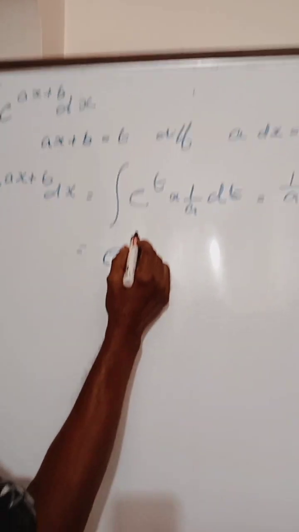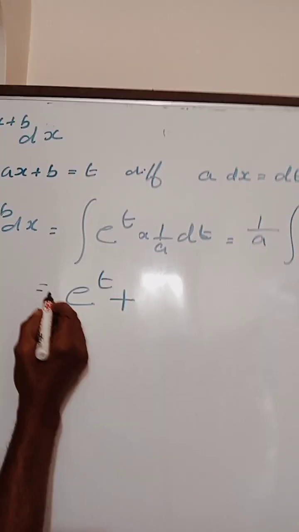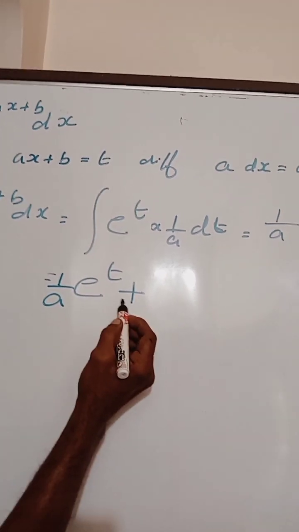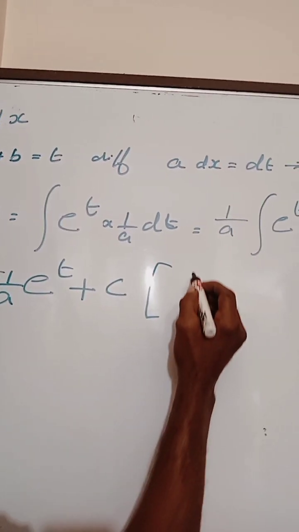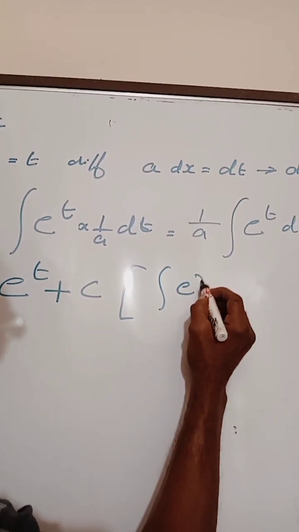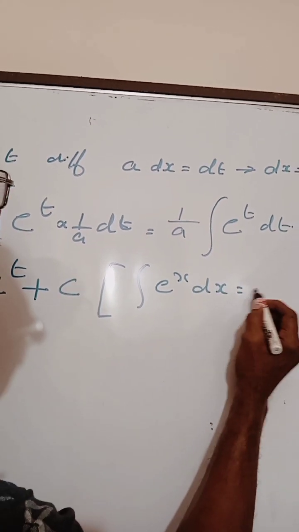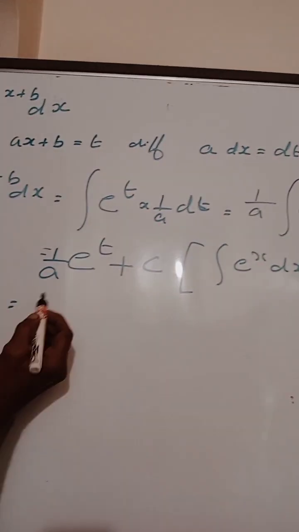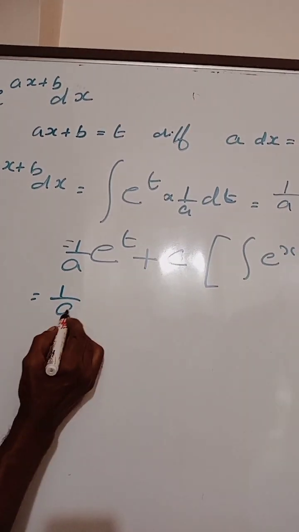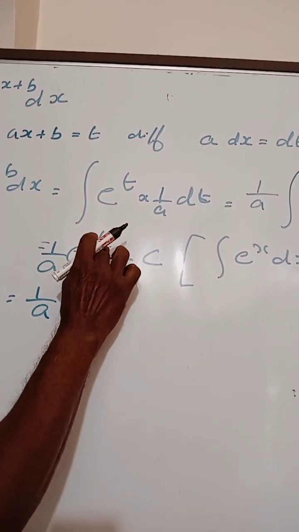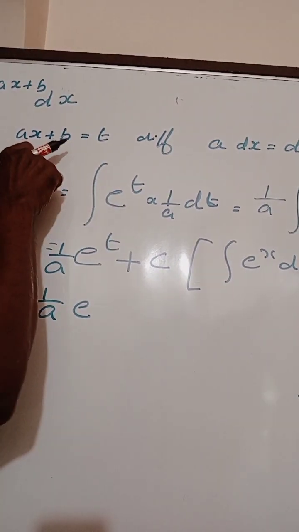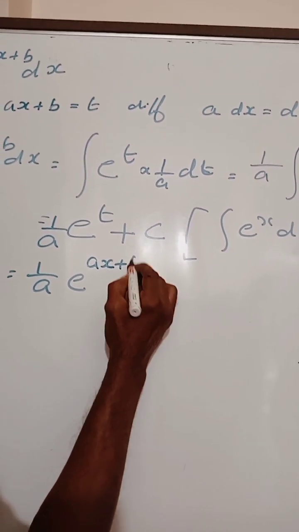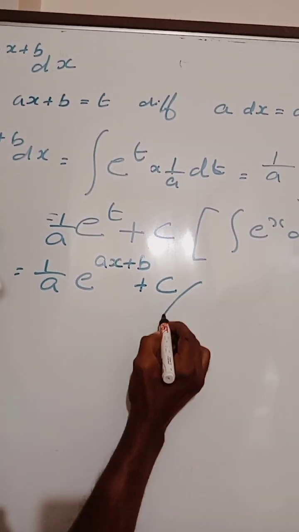It's equal to 1 by a into e raised to t plus c, since integration of e raised to x dx is equal to e raised to x plus c. That's equal to 1 by a into e raised to, instead of t we replace ax plus b, e raised to ax plus b plus c.